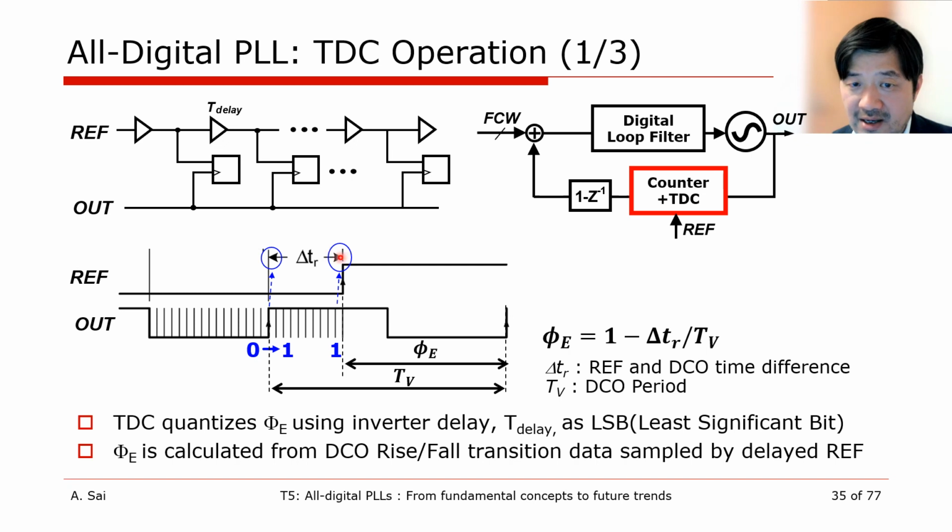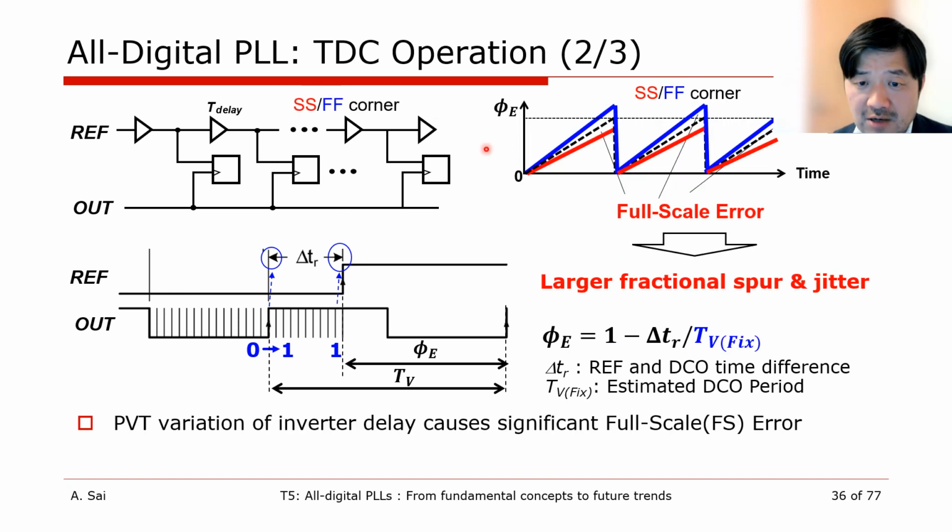Phase error phi e can be calculated by subtracting the fractional delay difference delta TR from the DCO output phase 2 pi. However, the problem here is the variation of the T delay.